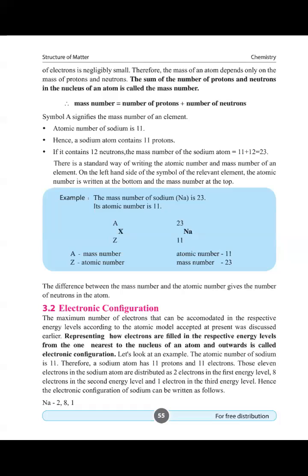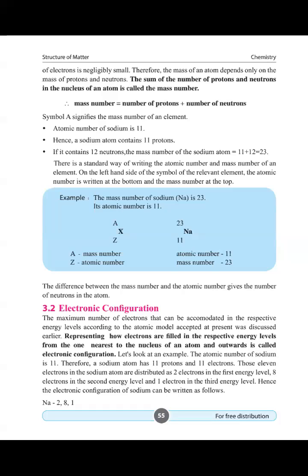So, for example, if you get sodium, sodium has 11 protons. That is the atomic number. Now that is equal to the number of electrons. So the number of electrons is also 11 because the sodium atom is neutral.